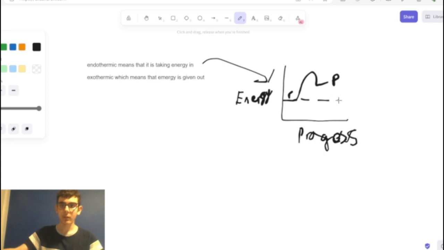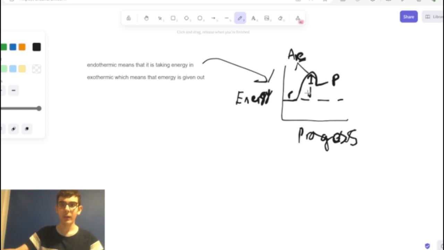Now, you may be asked to label the activation energy and the overall energy change. Now this arrow at the top is the activation energy, AE.